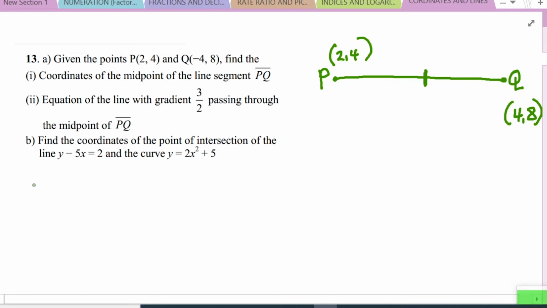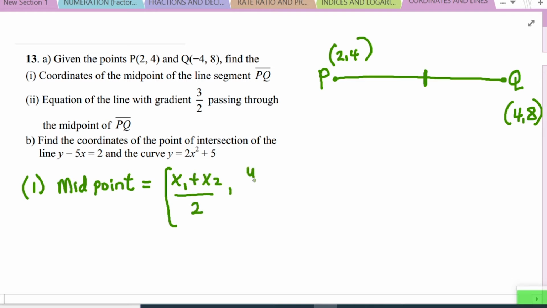For us to be able to find the midpoint, which is now Roman 1, the midpoint of PQ is given by (x1 plus x2, divided by 2, comma, y1 plus y2, divided by 2). And so this is going to be equal to, we shall label them.